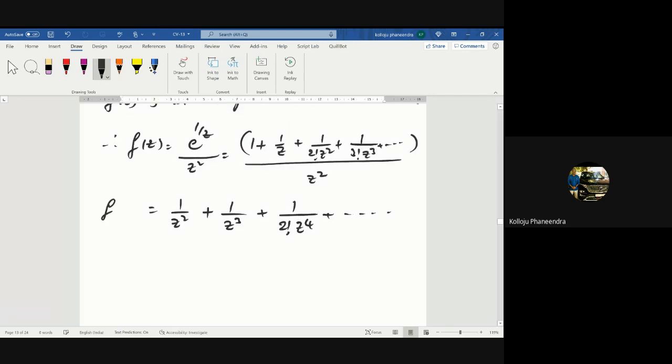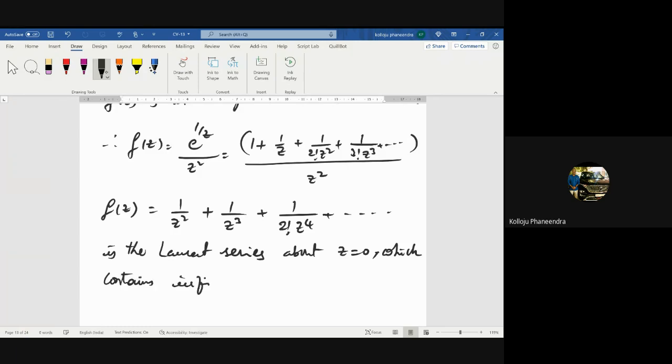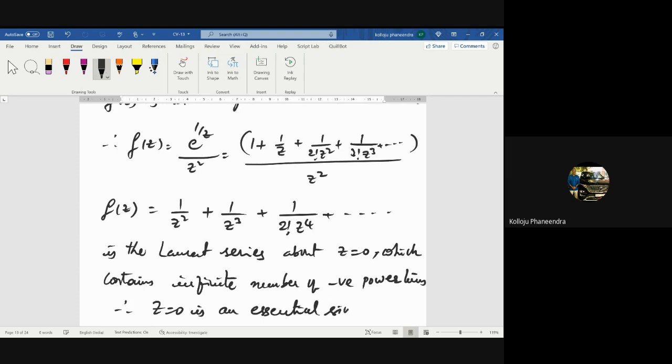This f of z is the Laurent series expansion about the singularity z equal to 0, which contains an infinite number of negative power terms. Therefore z equal to 0 is an essential singularity.